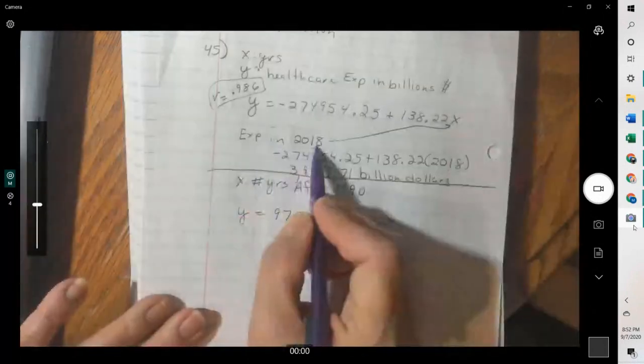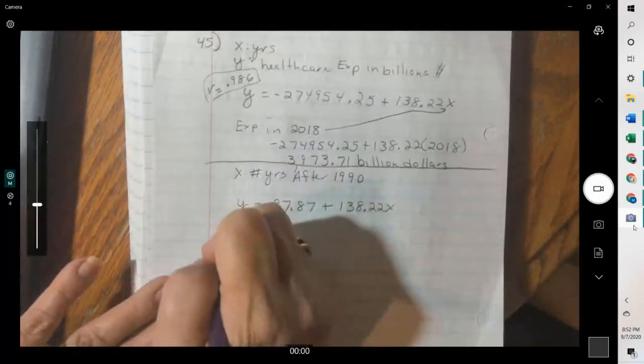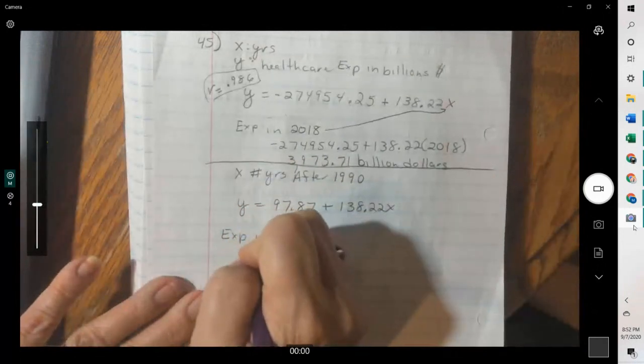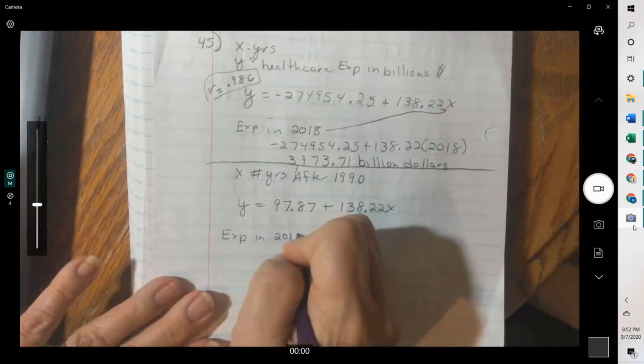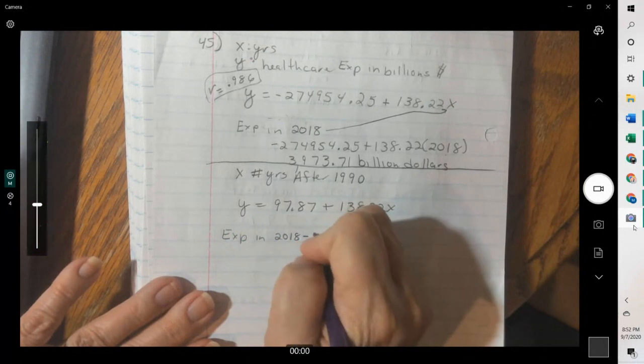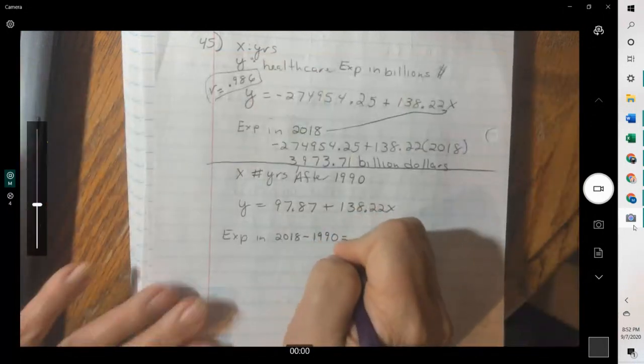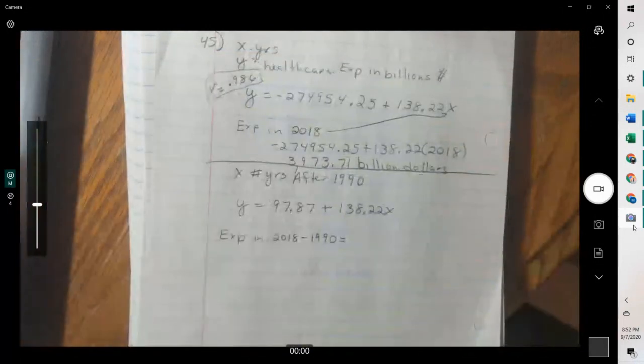Now they wanted the expenditure in 2018. So if we subtract the 1990, okay, wait, let me show you.